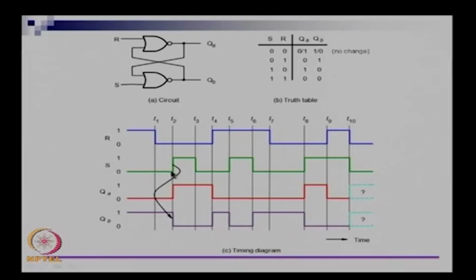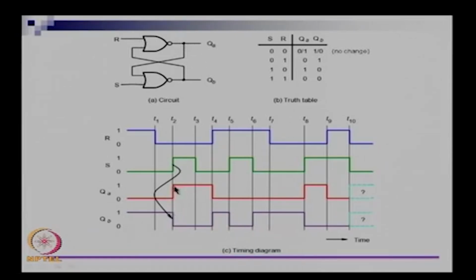So, S changing to 1 changes QB to 0, and you see what happens when QB is changing to 0. QB was earlier at 1, it is now changing to 0, and you see the condition for R at T2 is at 0. So, you have 0 NOR 0, which is 1.